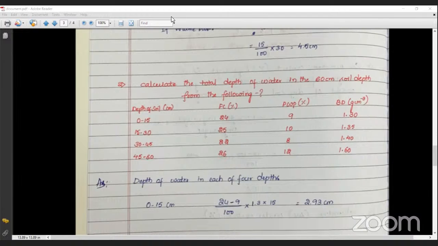Whoever has paper or pen, please solve this problem now itself, so that you will have some questions: Sir, how to calculate this one or that one? Why do we have to consider only 15 centimeter? I'm giving 1 minute, so whoever is able, you can solve.